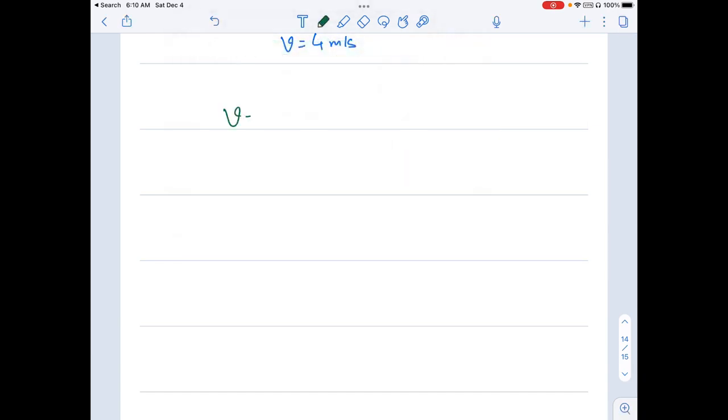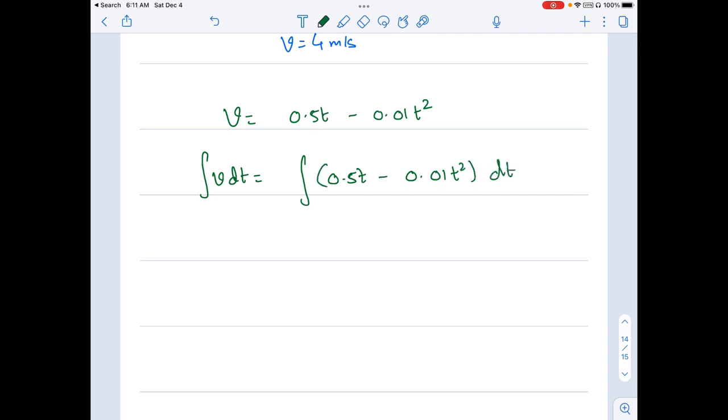So we know that velocity is equal to 0.5 t minus 0.01 t squared. When I integrate this, it becomes a distance. Integral of 0.5 t minus 0.01 t squared dt. So S is equal to 0.5 t squared by 2 minus 0.01 t cubed by 3 plus c.